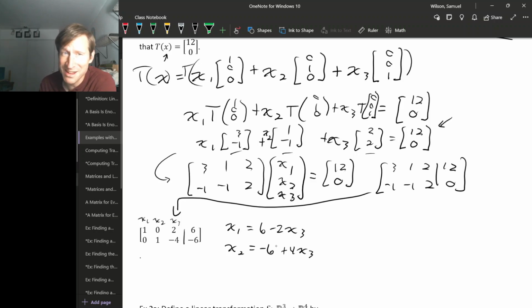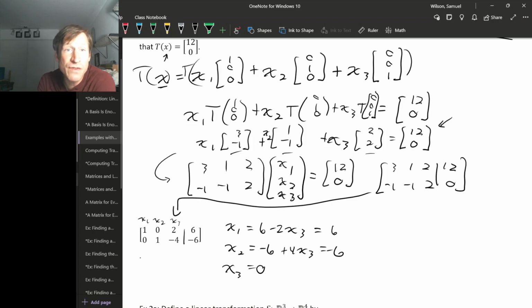So actually it looks like there are lots of vectors x that will do what we want. To get one of them, we could really pick any value for x3. I guess we might as well pick 0. So let's take x3 to be 0, in which case we get 6 and minus 6.